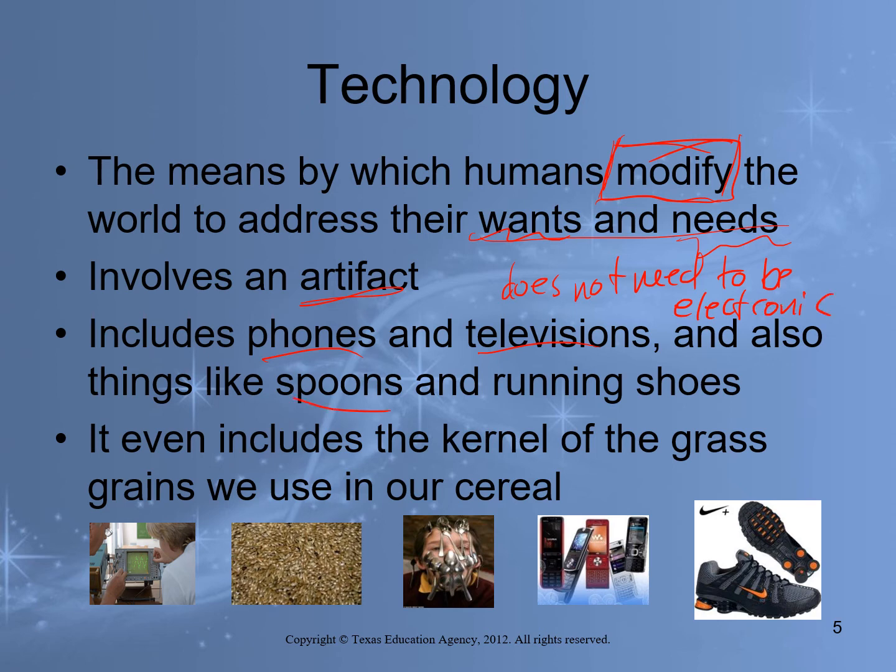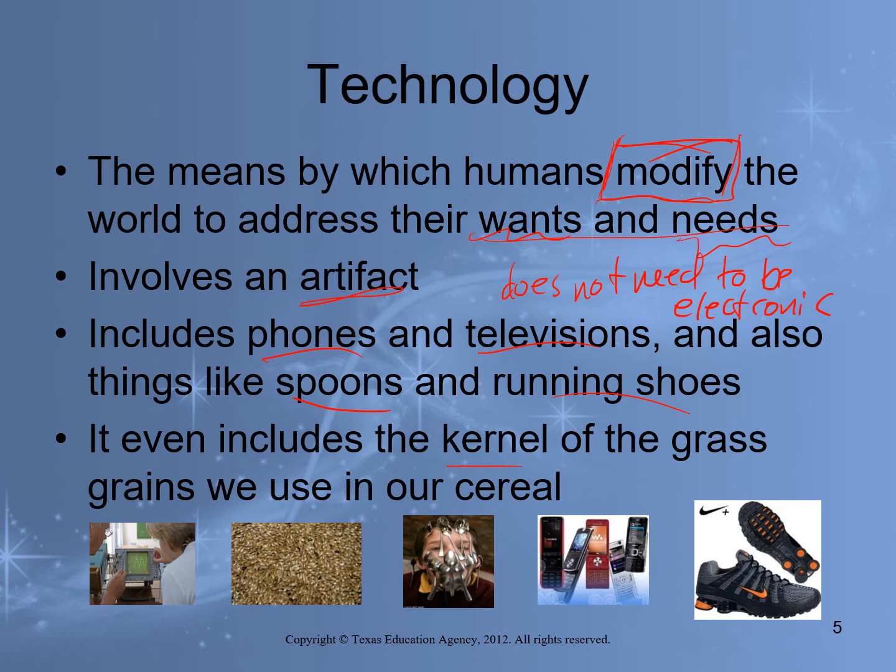So it could be a spoon or your shoes. Maybe there's that new type of shoes that has fancy stuff in it that's not electronic and helps you run fast. Vroom. Okay, it could even include other things like the kernel of grass, grains we use in our cereal. So it could be some organic thing.